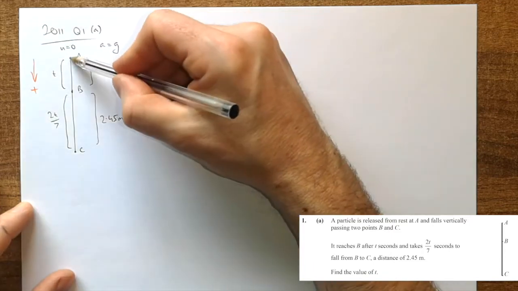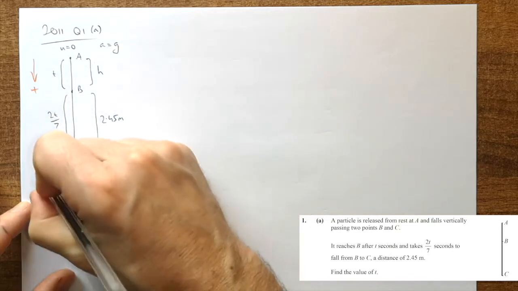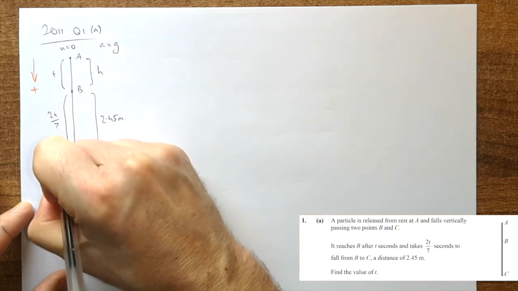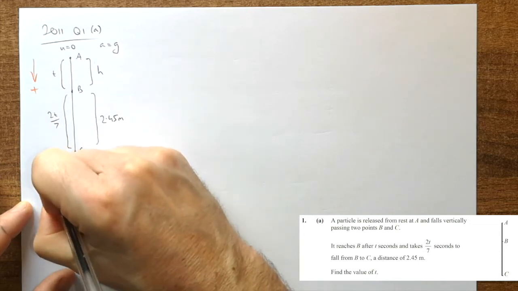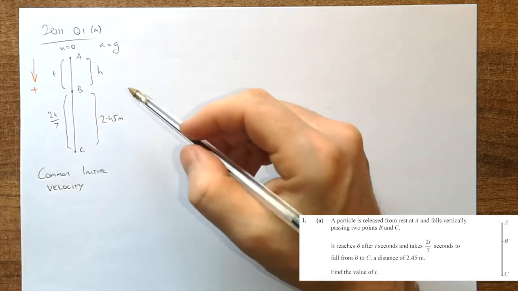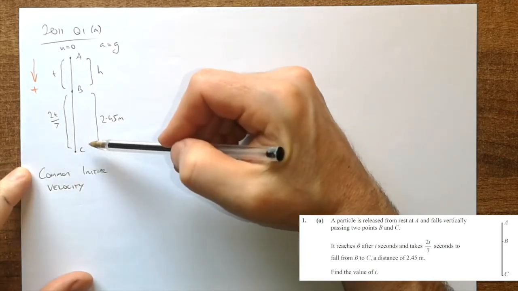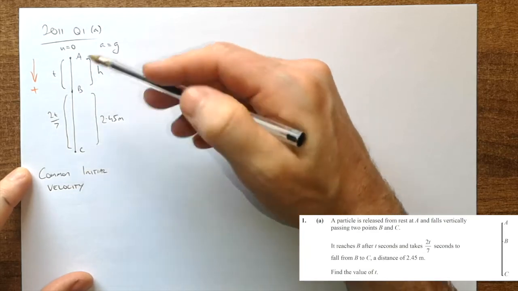Now what I'm seeing is falling down through these multiple stages and information about these stages. This is a common initial velocity question. That's the thing to remember. And when we do these, it's really crucial that we lay out our stages correctly. So this is a lovely example of that, but the key is to figure out that that's what's going on.